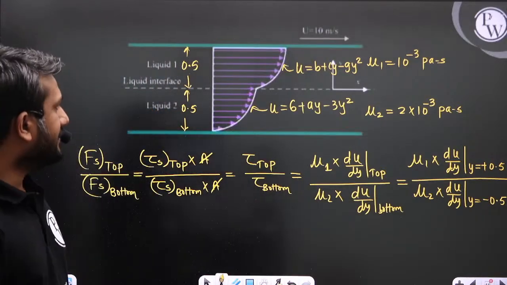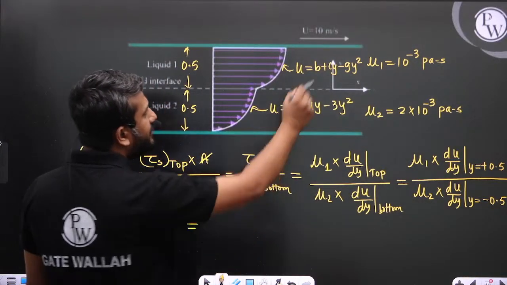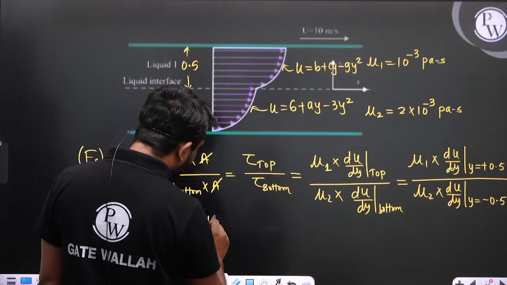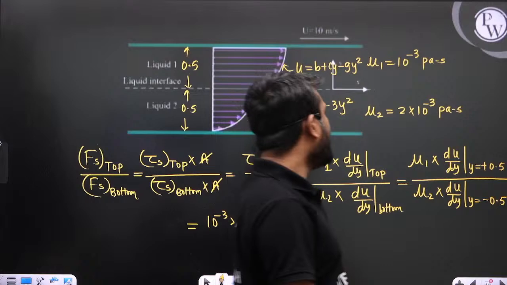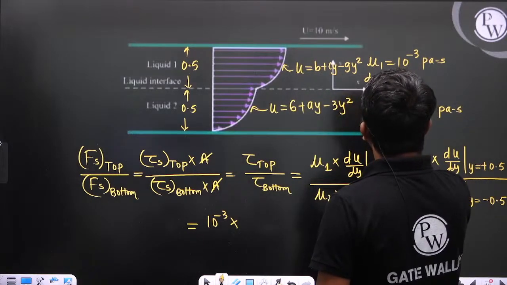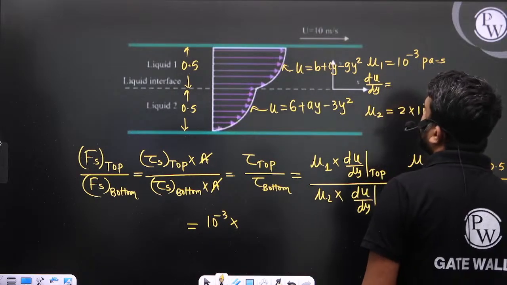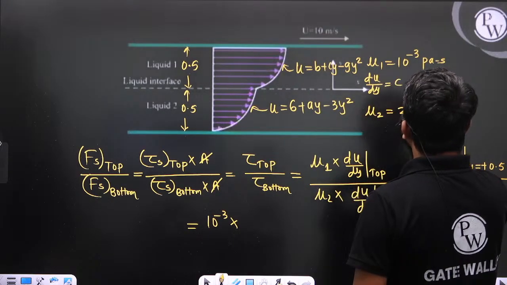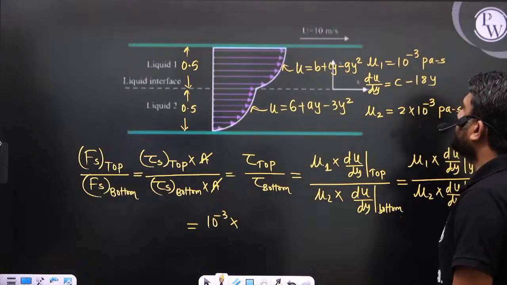Is it clear? Now what is mu1? That mu1 is 10 to the power minus 3. Now calculate du by dy for this velocity profile. So du by dy is equal to c minus 18y.